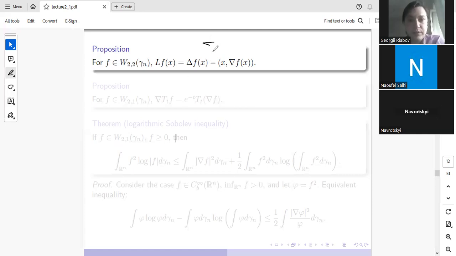This is the sum from 1 to n of the second partial derivative in i of f of x, minus the sum over i from 1 to n of xi times the partial derivative of f of x. Again, this is enough to check for Hermite polynomials.